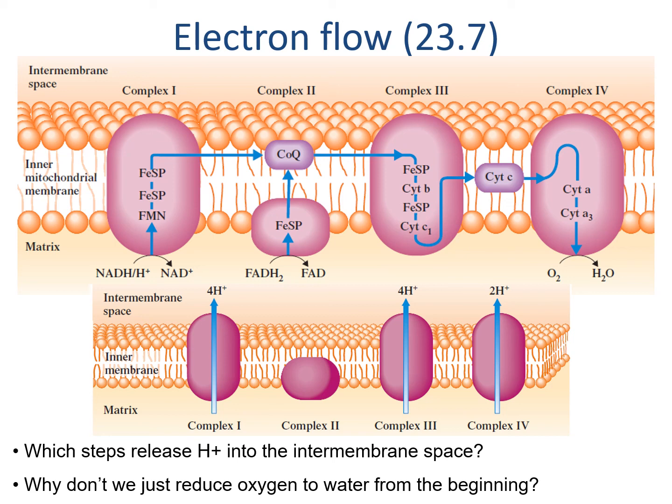Similarly, FADH2 is only able to pump 4 protons at complex 3 and 2 protons at complex 4, for a total of 6 protons pumped per FADH2. So again, NADH is responsible for pumping 10 protons with its electrons, and FADH2 is responsible for pumping only 6.